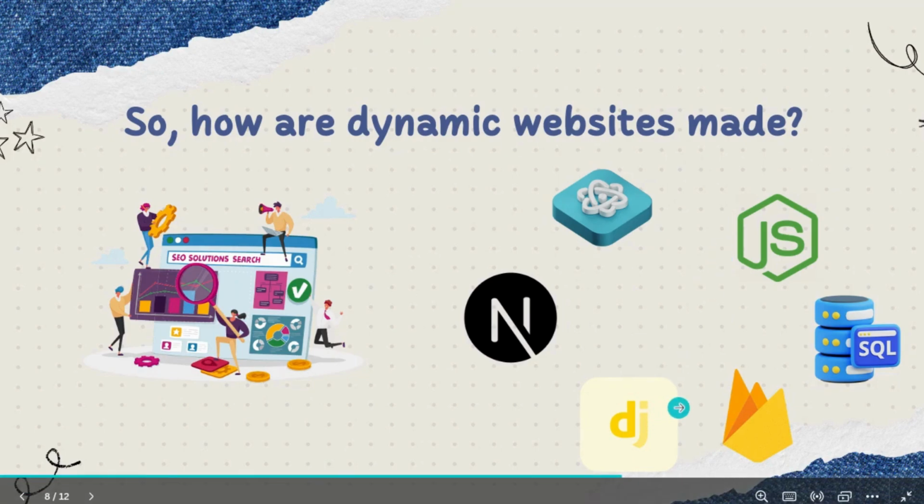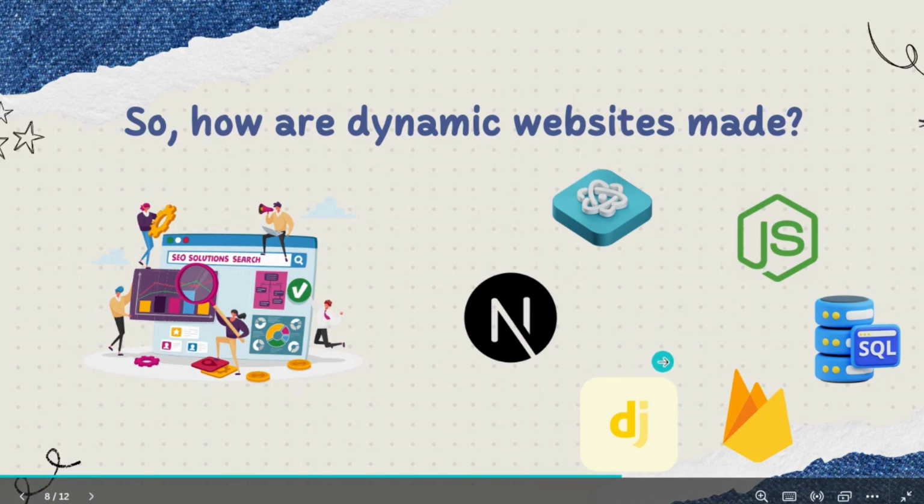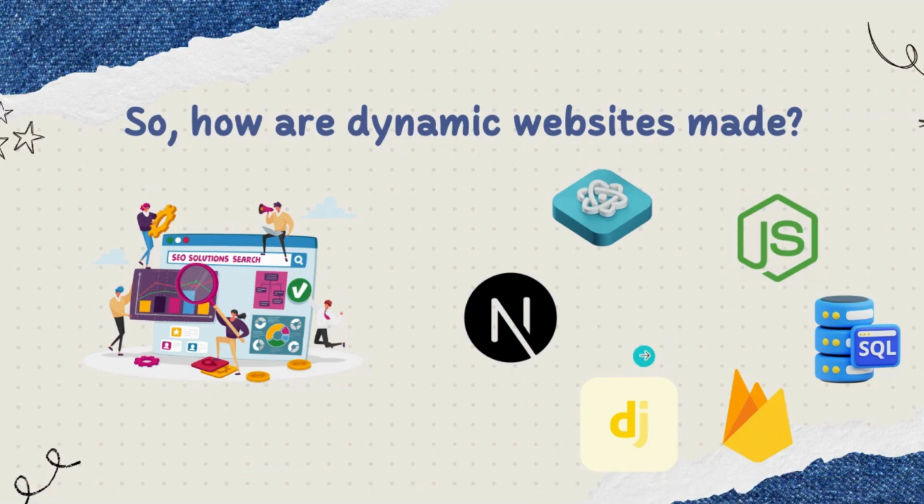There's another framework, Django, based on Python, which is a high-level Python web framework that encourages rapid development and clean, pragmatic design, and includes an ORM, admin interface, and robust security features. There's also Flask, which is a lightweight framework in Python. And you have other frameworks like Laravel, which is a popular PHP framework.